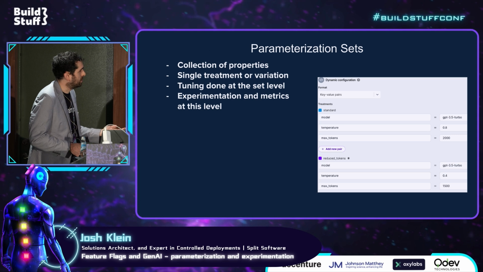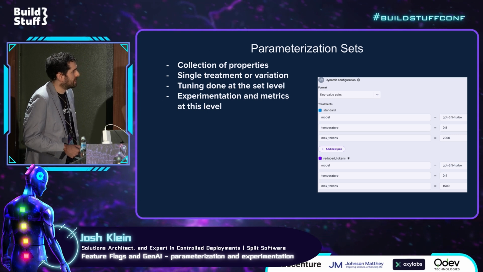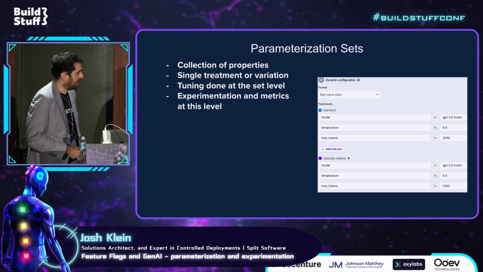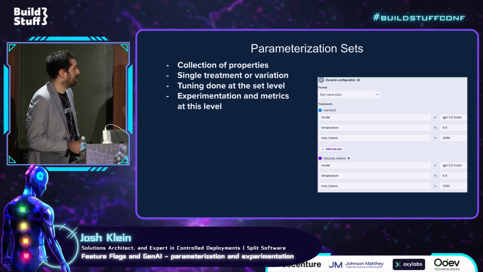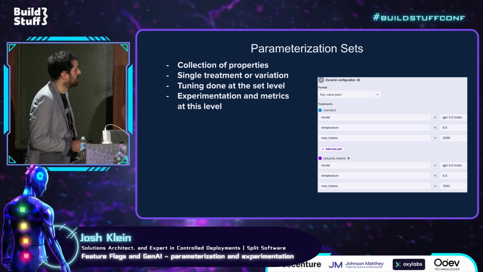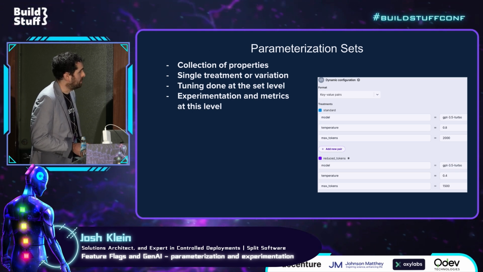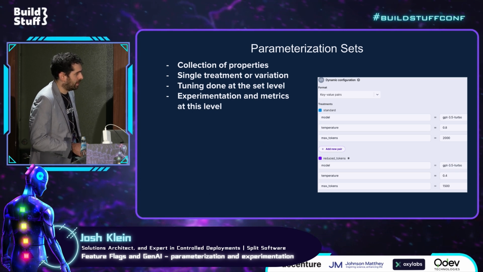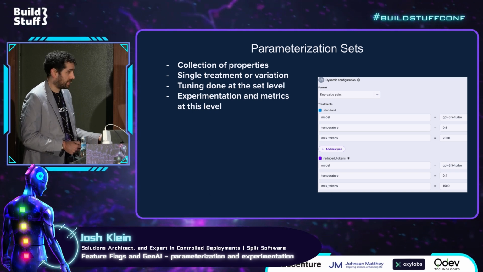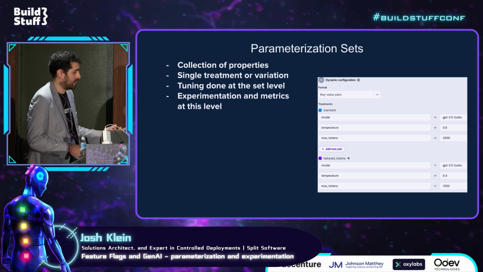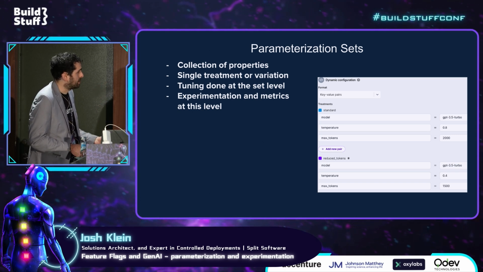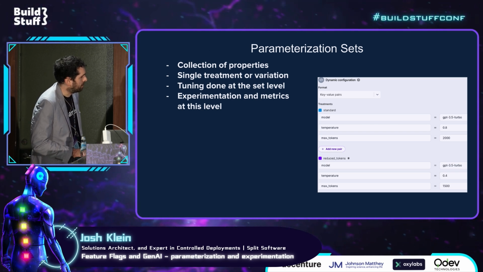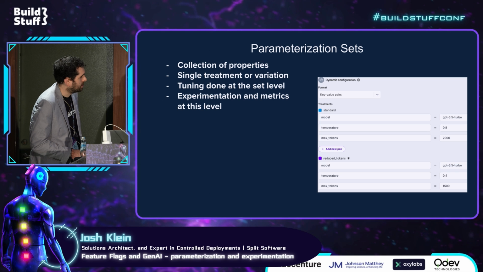Another thing you can do is set up multiple of these parameters inside an individual feature flag treatment. You can call it a parameterization set, essentially, right? It's a collection of properties, and you can tune and measure these at an individual set level. So if you call your feature flagging system and you want to experiment with, let's say, a 50-50 split, you give users a standard treatment, and your standard treatment uses GPT 3.5 Turbo with a 0.5 temperature and 2,000 tokens.